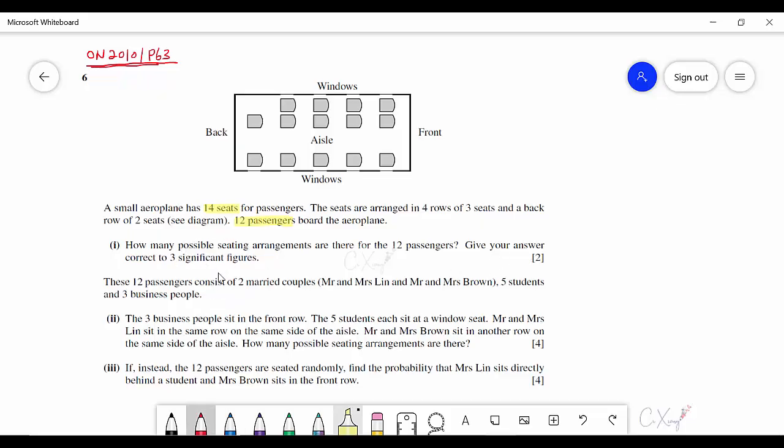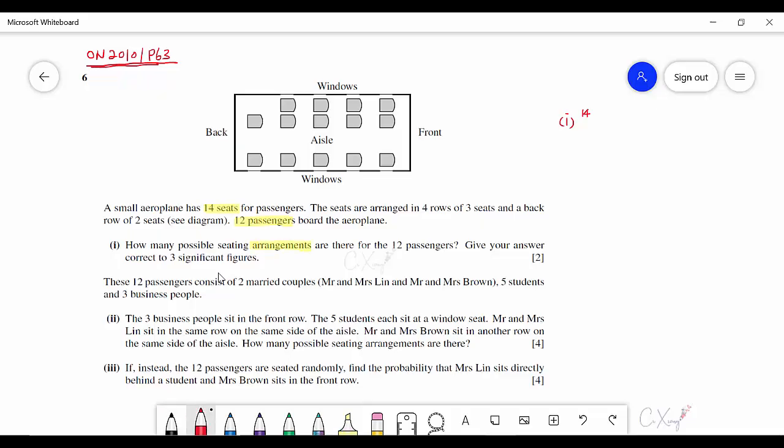For the first part of this question, generally it is quite straightforward because you're having more seats than the passengers. So you want to arrange 12 passengers into 14 empty seats. We need to arrange, therefore we have to use permutation. Or maybe you can see the keyword arrangement.